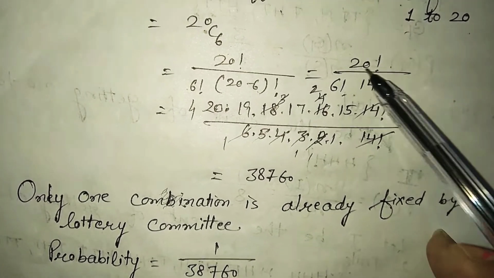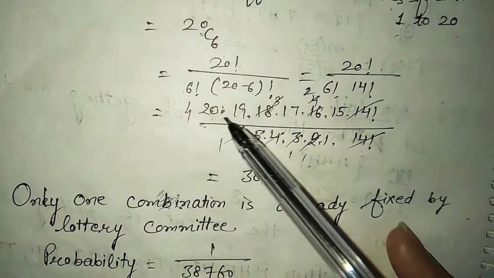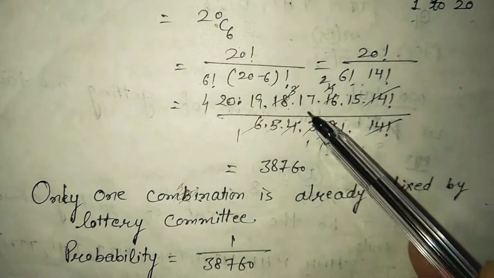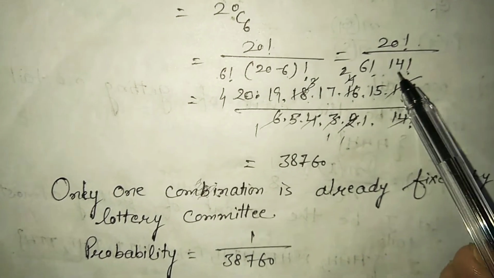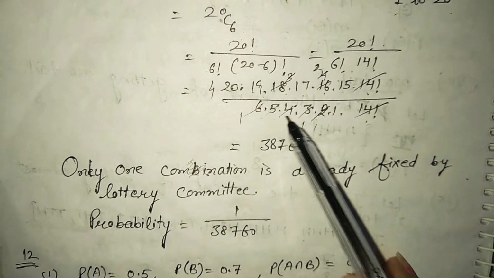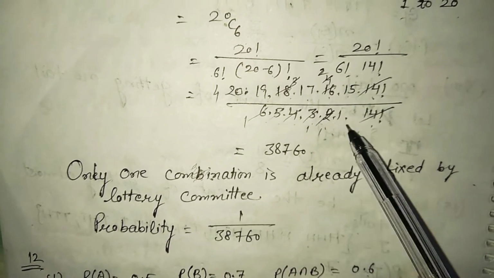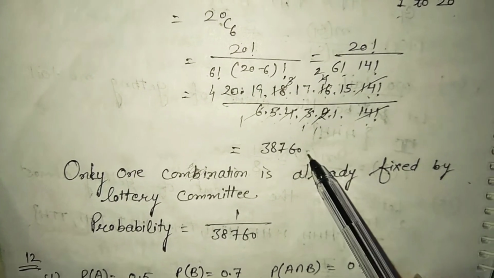Since 20 is more than 14, we take 20 up to 14 factorial: 20 into 19 into 18 into 17 into 16 into 15 into 14 factorial. The denominator is 14 factorial as it is, and 6 factorial is 6 into 5 into 4 into 3 into 2 into 1. After cancelling, we get 38760.